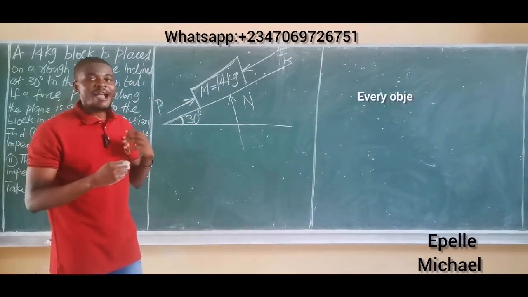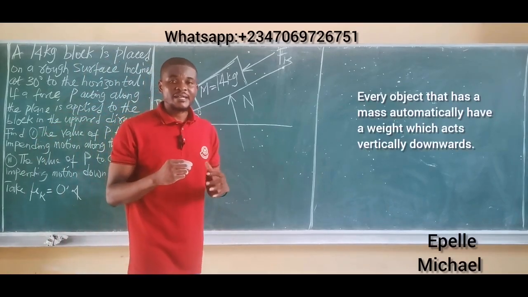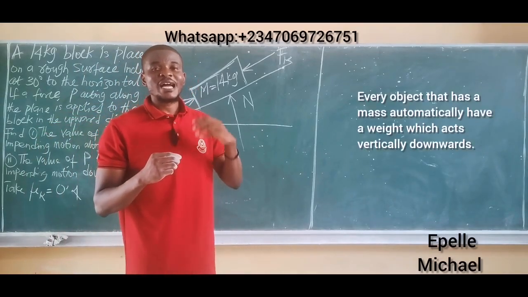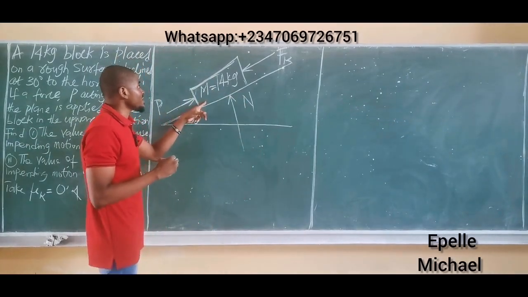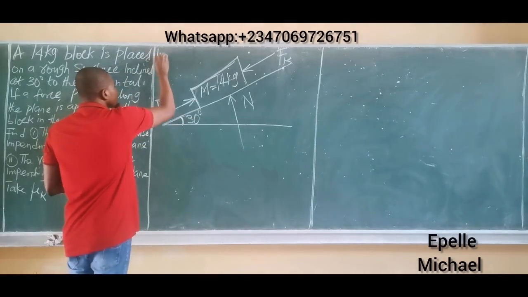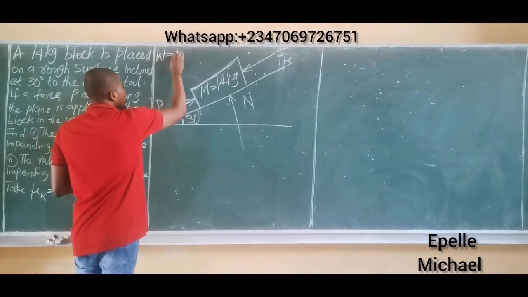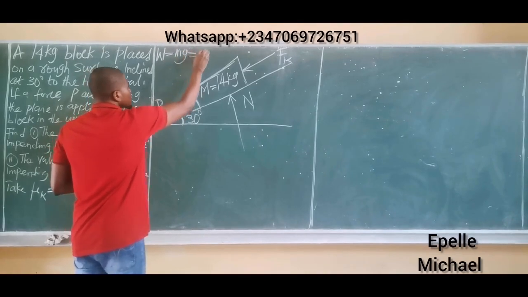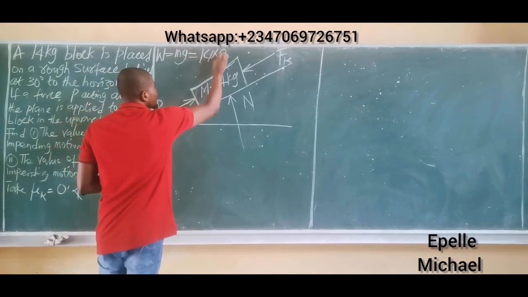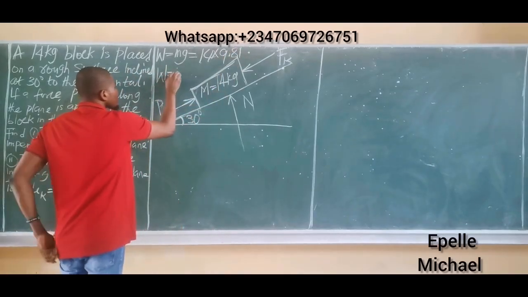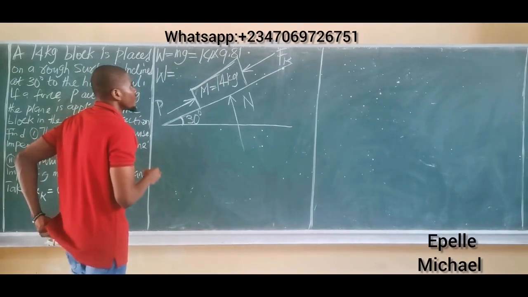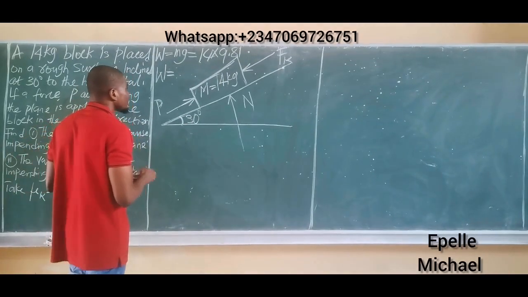I also said that every object that has a mass automatically has a weight which acts vertically downwards. So since this object has a mass of 14 kg, the weight of this object is simply going to be what? Mass times gravity, which is 14 times 9.81. Let's obtain 14 times 9.81.